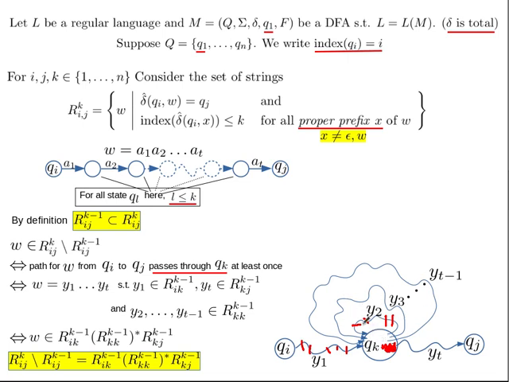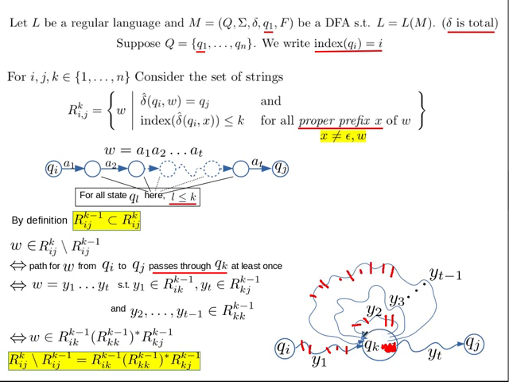So if you are encountering this qk some t many times, that means you have some t minus 1 many strings here. Okay, so you encounter this, take some path, again come back here, take some path, and in all these paths all the indices are less than or equal to k minus 1, right?